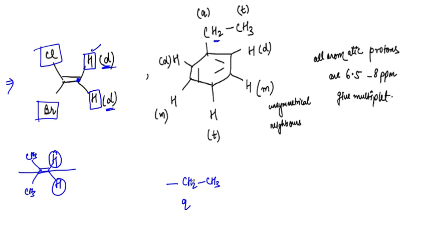So we are going to get a quartet and we are going to get a triplet over here. Why? You can use the same formula, n plus 1. Adjacent protons we are going to take 2 protons plus 1, this is going to be a triplet, right? And the adjacent protons again over here, n plus 1, this is going to be 3 plus 1, 4, which is going to give you a quartet. Okay, so CH2CH3, whenever you see, you are going to understand it's a quartet and a triplet over here, right?